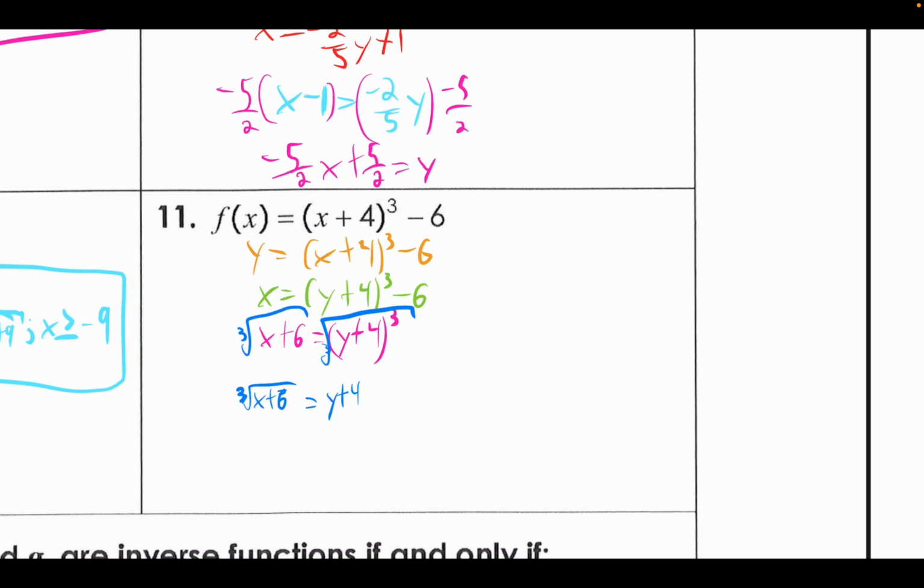To keep getting y by itself, I will subtract 4. And so I get the cube root of x plus 6, minus 4, equals y. So f inverse of x is equal to the cube root of x plus 6, minus 4.